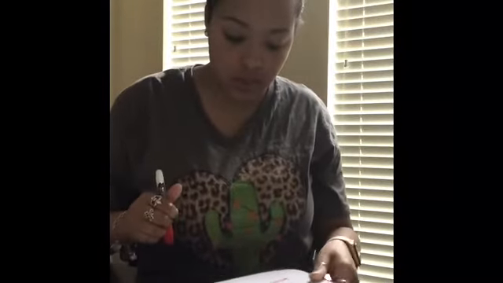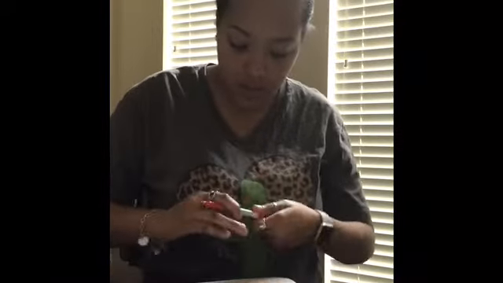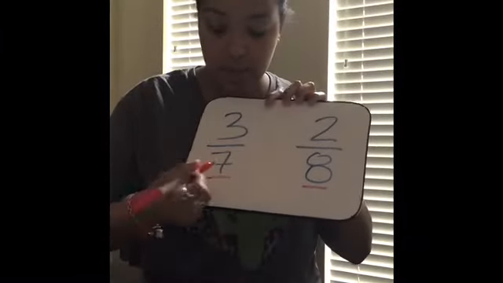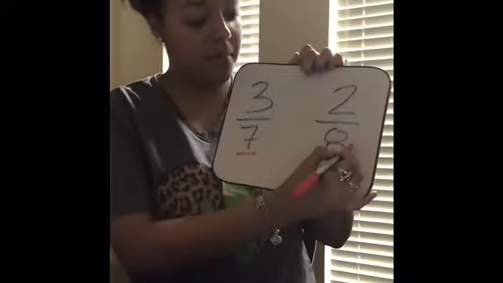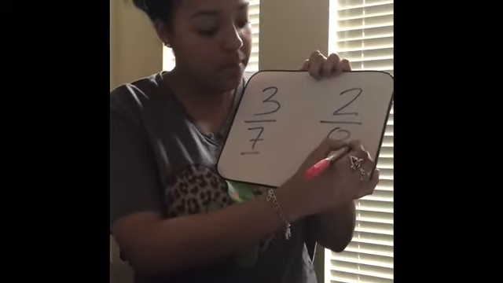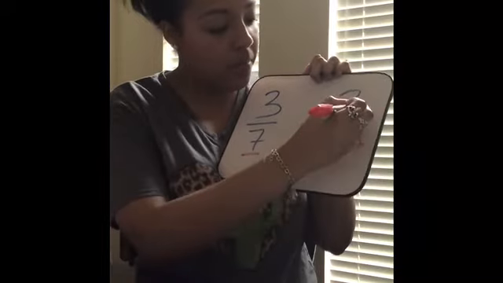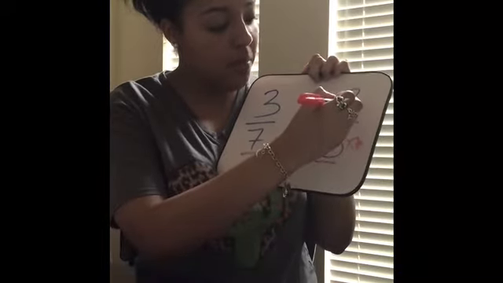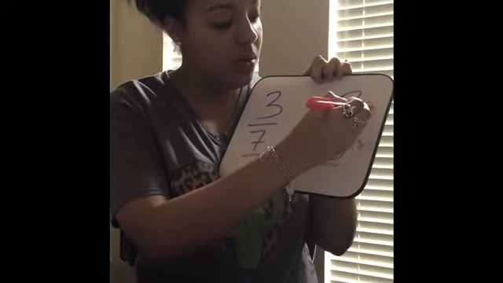So I'm going to take the denominator in 3/7, which is 7, and I'm going to multiply that times 8 on the top and the bottom. I'm going to multiply the 7. Okay?